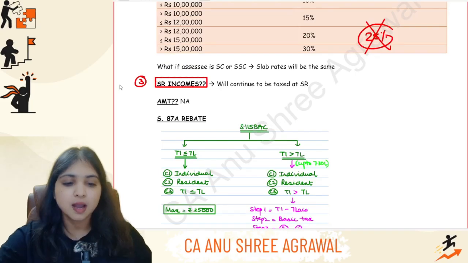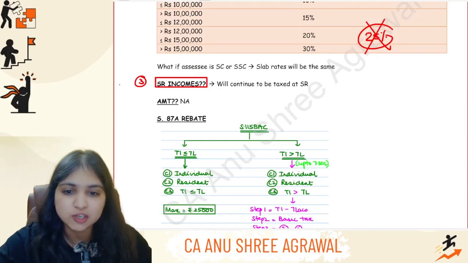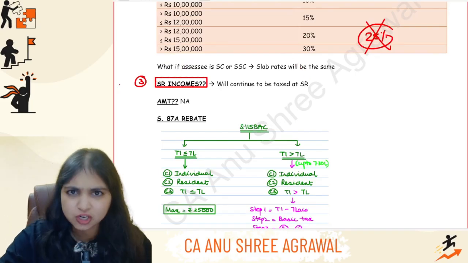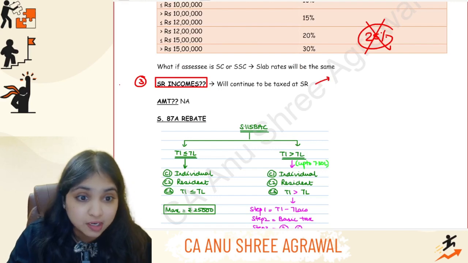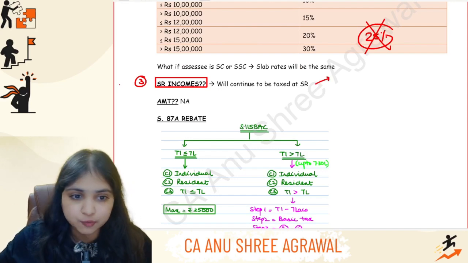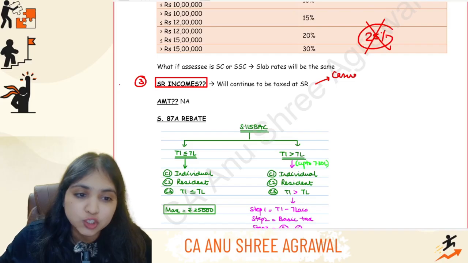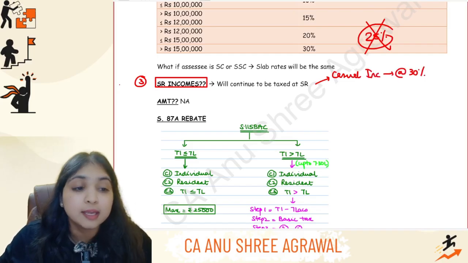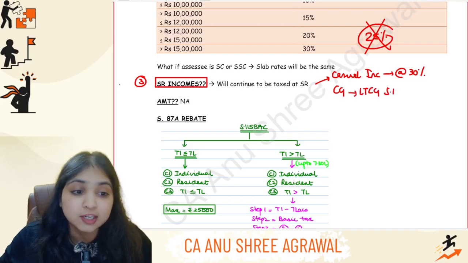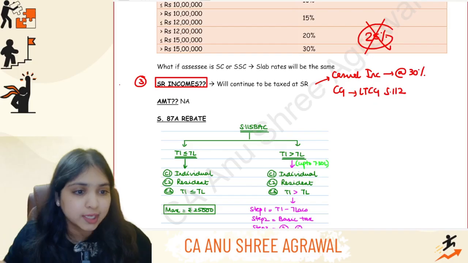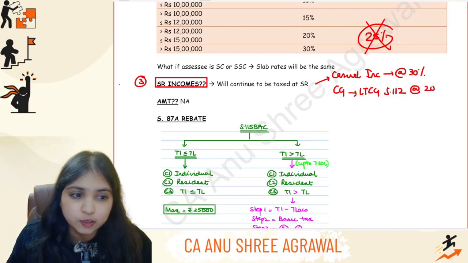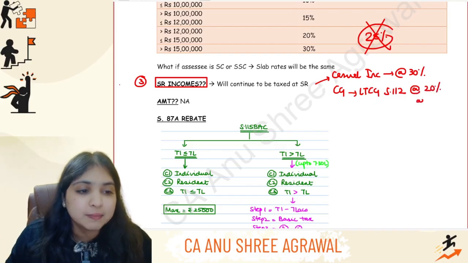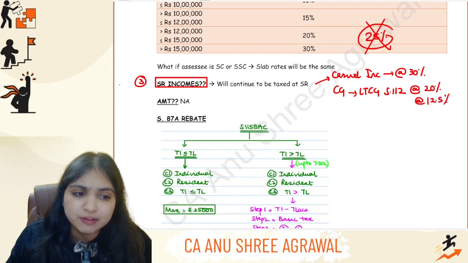Special rate incomes. Under 115BAC also, the special rate incomes will be taxed at the special rate only, which means even under the default regime, if you have any casual incomes, they will still be taxed at the rate of 30% only. If you have capital gains, like for example, if you have LTCG under section 112, before the amendment, it will still be taxed at the rate of 20%, and after the amendment, it will still be taxed at 12.5%.